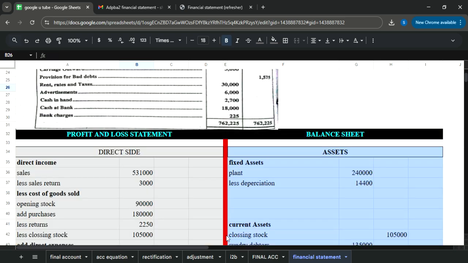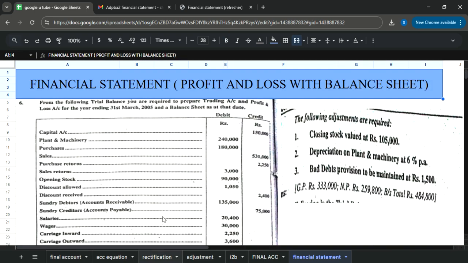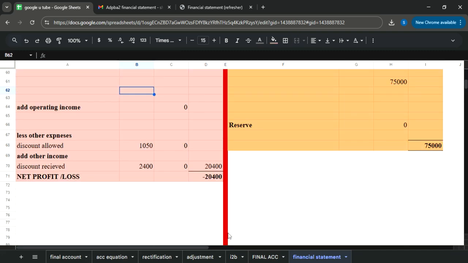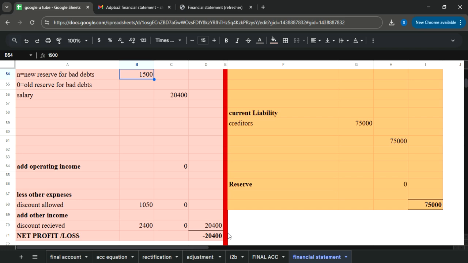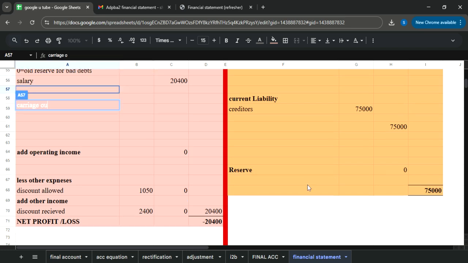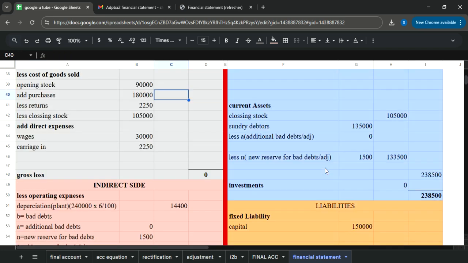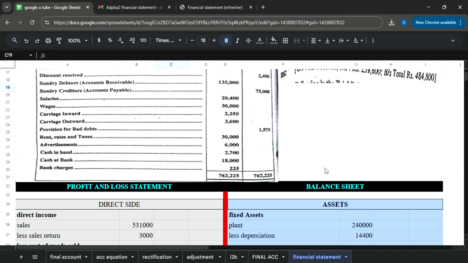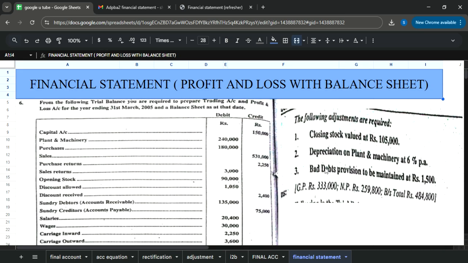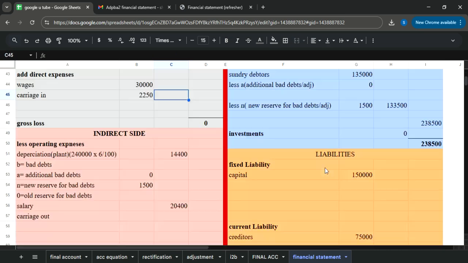After carriage in, we have carriage out 3600. Carriage out is indirect expense. You will be writing it over here. Carriage out, amount of carriage outward is 3600, and just mention this amount over here.